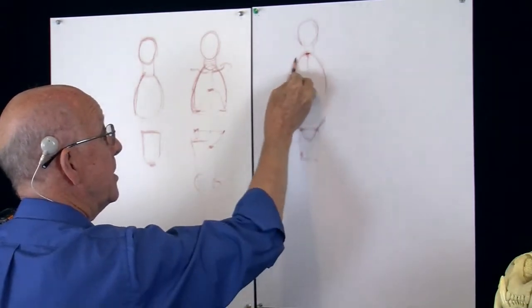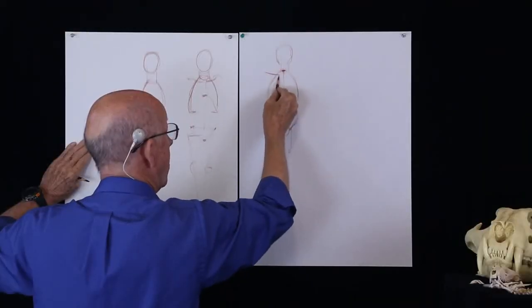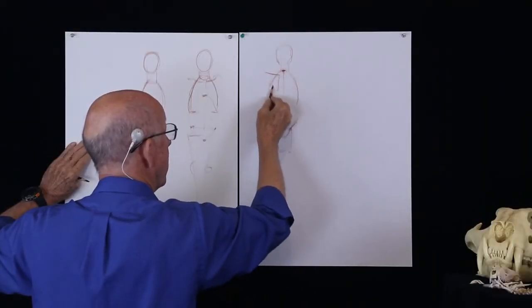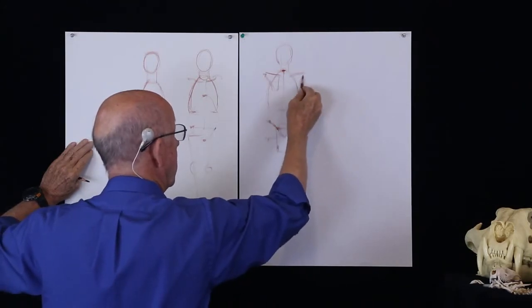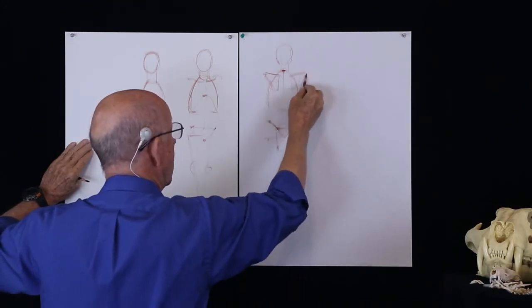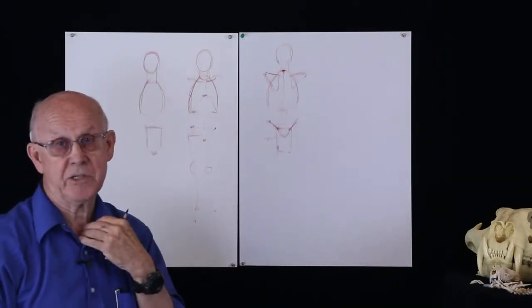Okay, scapula. Our scapula is going out this way, going out that way. Now, what is our scapula attached to?